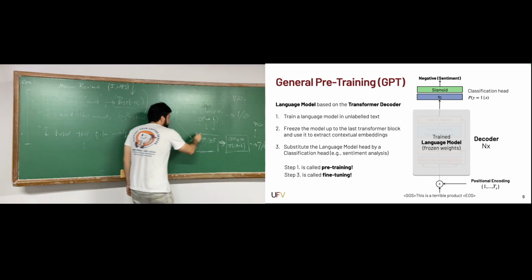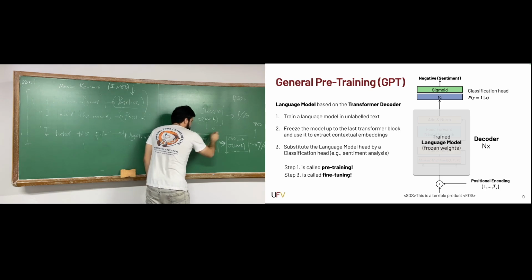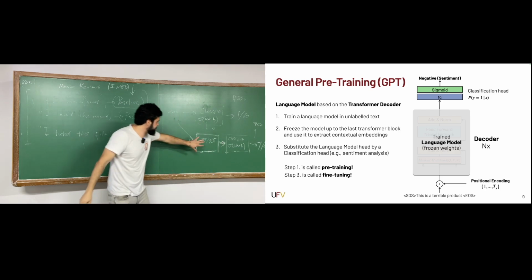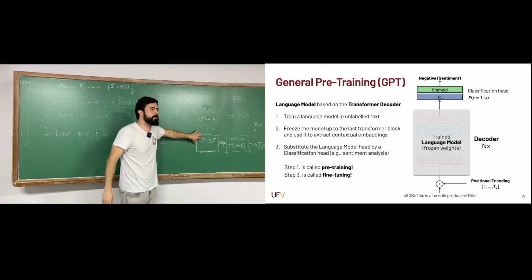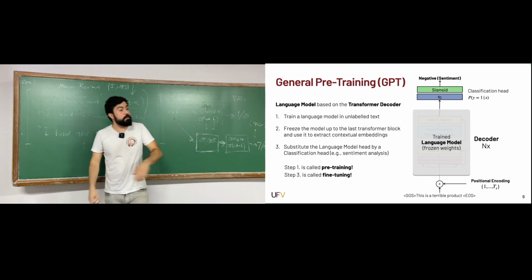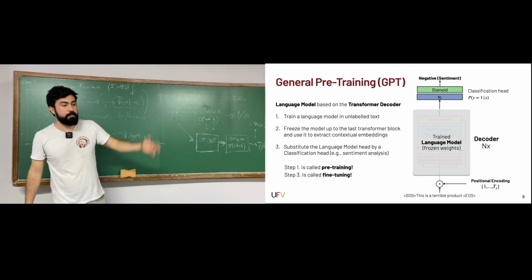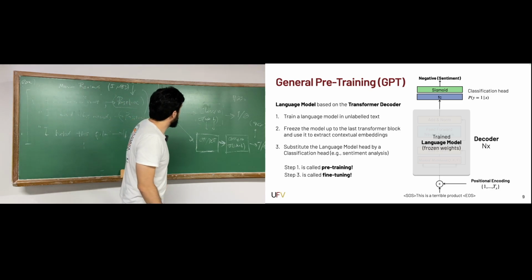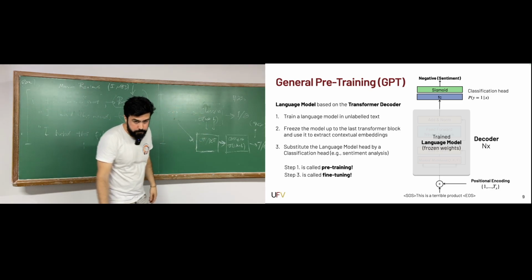And this was trained only on unlabeled data. This model doesn't know anything about sentiment. It just knows how to predict a word, but it can still help you with sentiment analysis and other classification tasks.